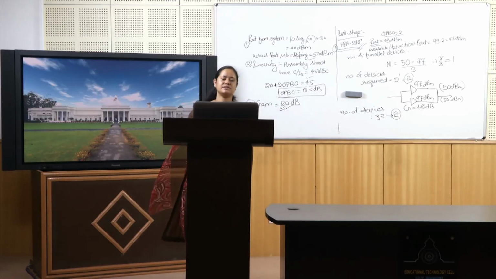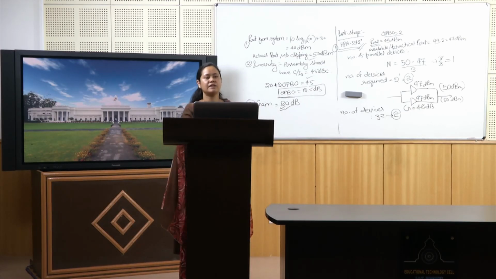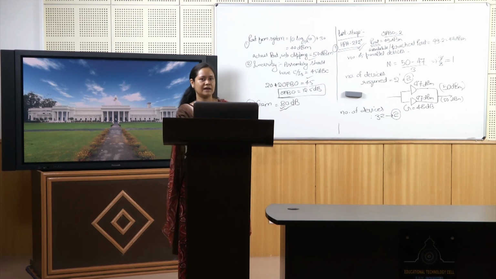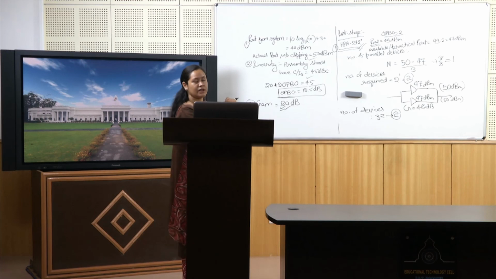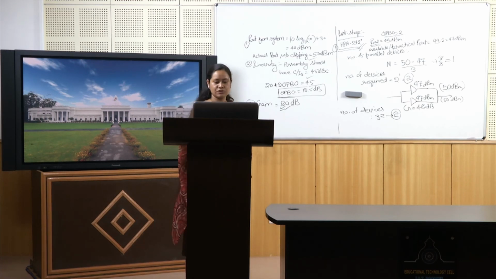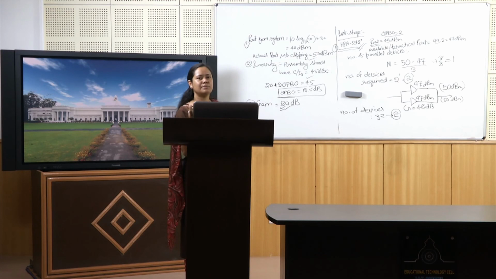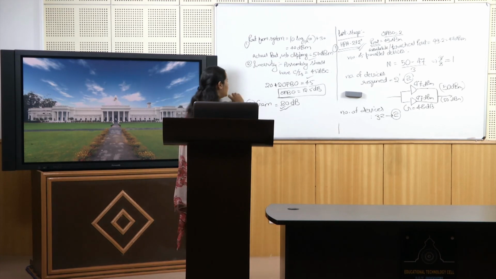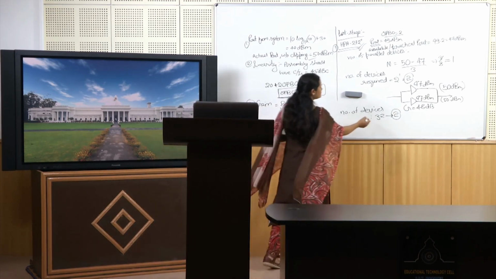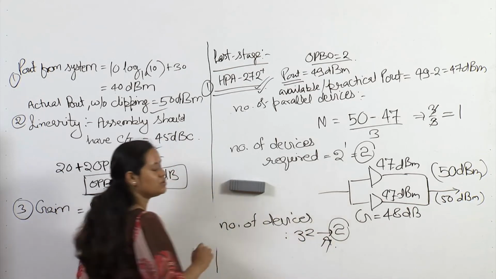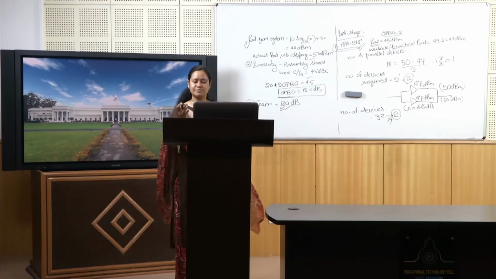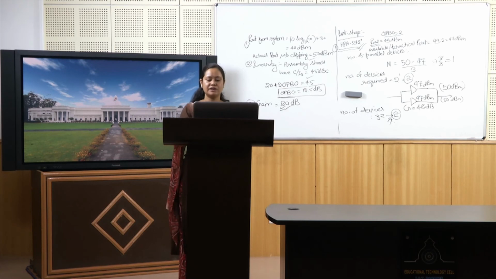The motivation is that if there are some linearization techniques we can apply, then we can reduce the number of supplies significantly, and because each of these devices consumes some power, they have some voltage value and they have some current value, all of them are taking some DC power. So, when the number of devices goes down, this power consumption goes down, and eventually it is an efficient way of transmitting your signal without any distortion.